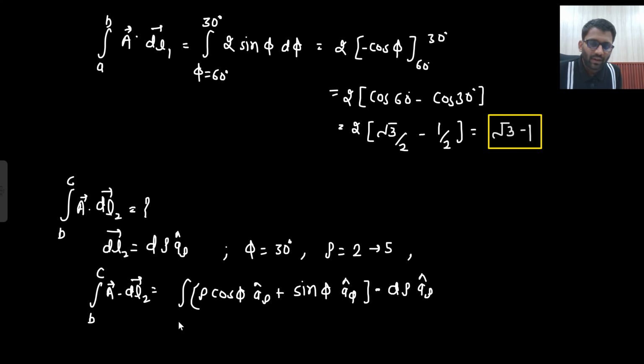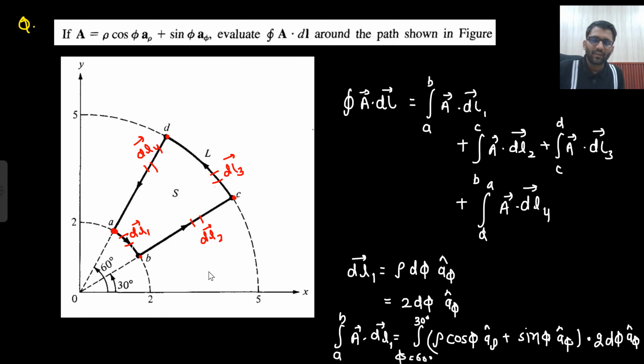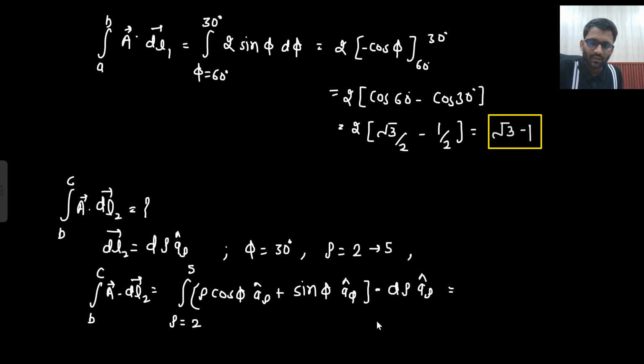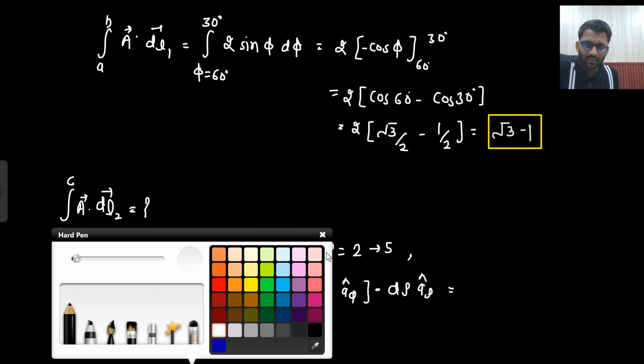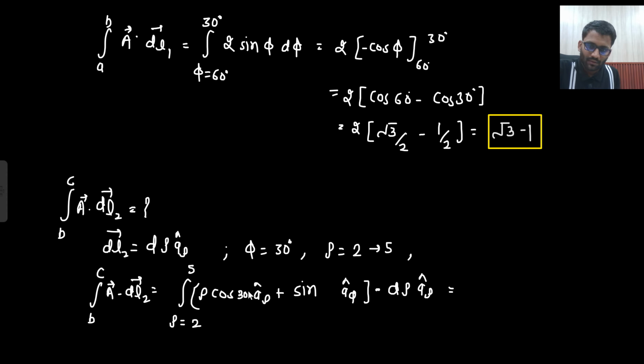Well and good. And what will be the limit of rho? From B to C, from 2 to 5 we are going. And phi is 30 degree, so I can put 30 degree here. So cos 30 will come outward.